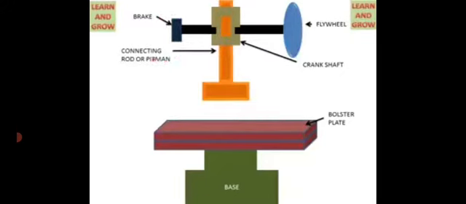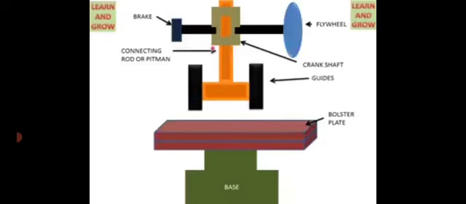There is a connecting rod, also called a pitman, which is connected to the crankshaft. There are guide mechanisms for providing a base to the piston or piston rod. There is a clutch used for engaging and disengaging. It is connected to the belt drive.